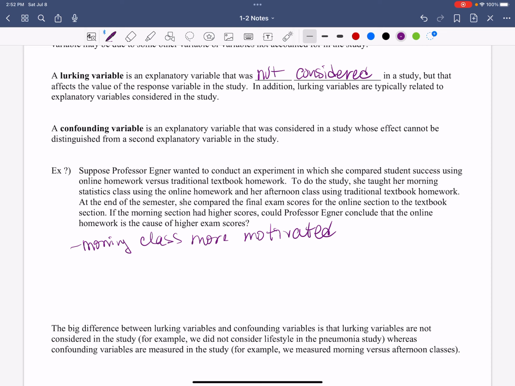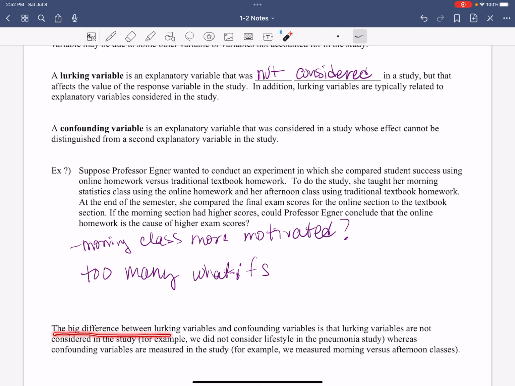It's impossible to know whether the difference between these two is just motivation, the actual online homework, or the group of students. There's too many variables, too many what ifs, right? And that's where confounding and lurking variables come into play when you're looking at this.